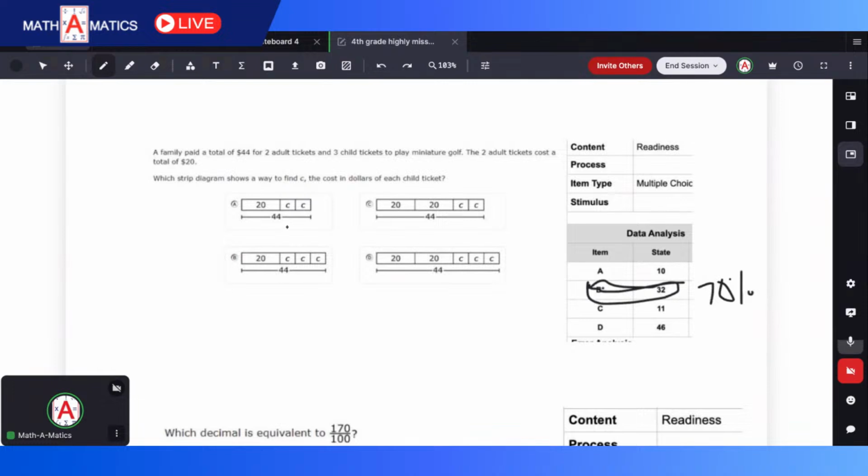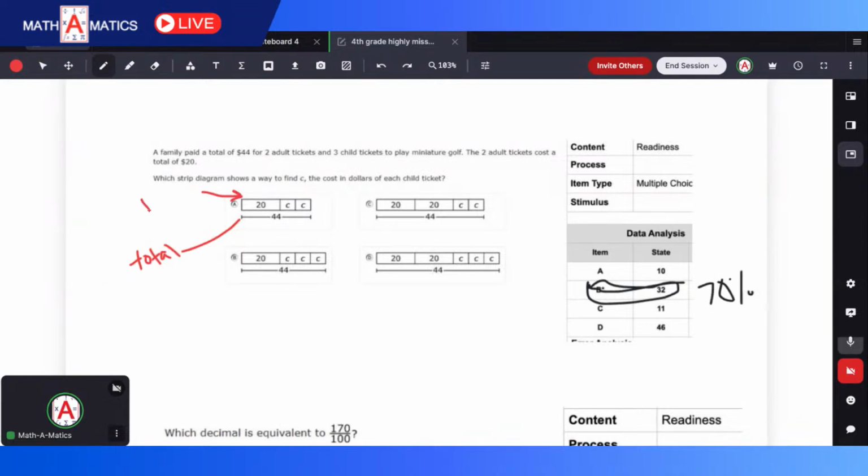So we consider this diagram here, just off of my knowledge. A lot of students don't understand strip diagrams the way that they should. So this would be considered a strip diagram, and I know some get confused easily. And the thing about strip diagrams, there's two parts to them. So we always have a total, and then we have the parts.